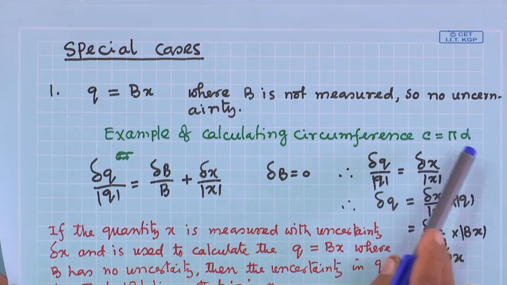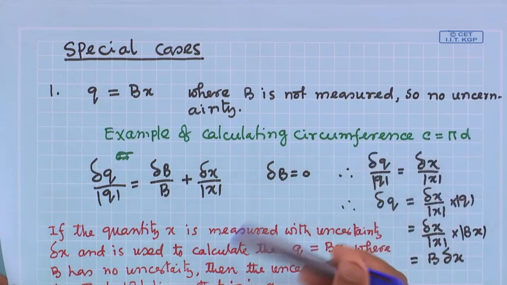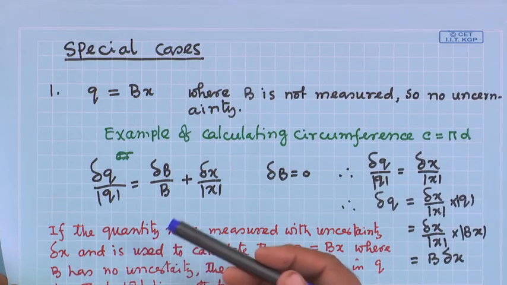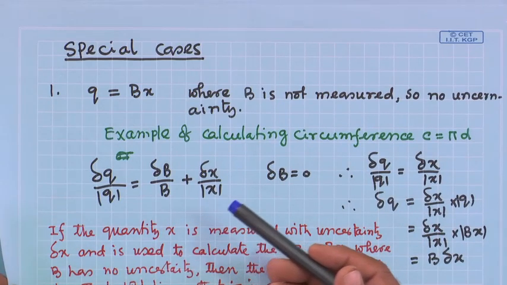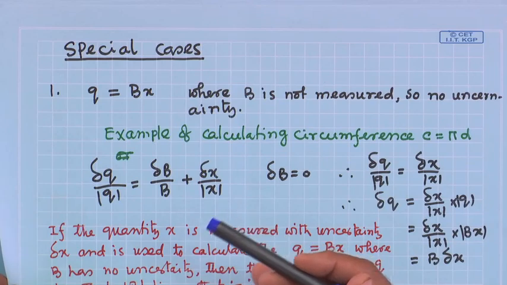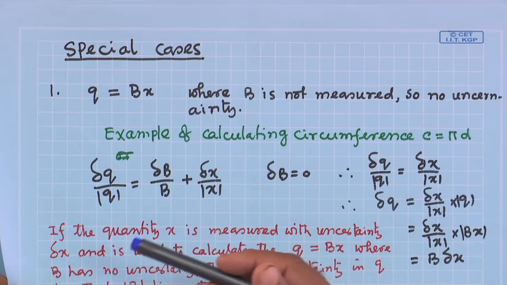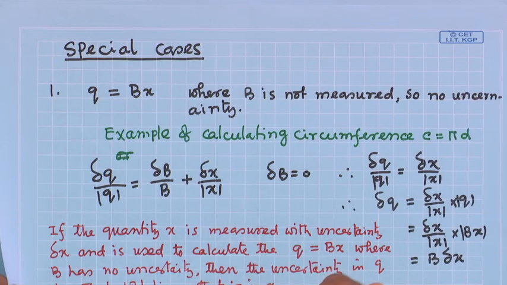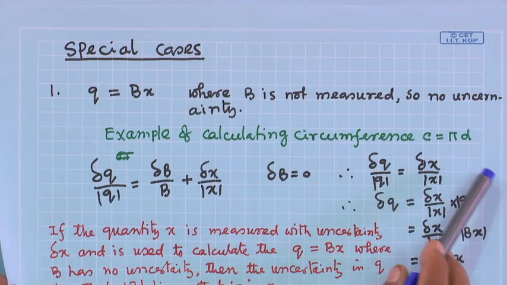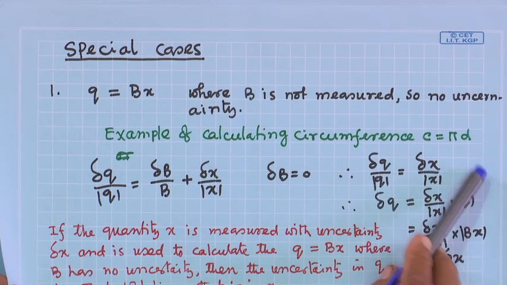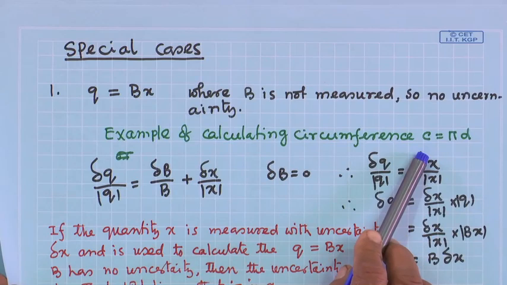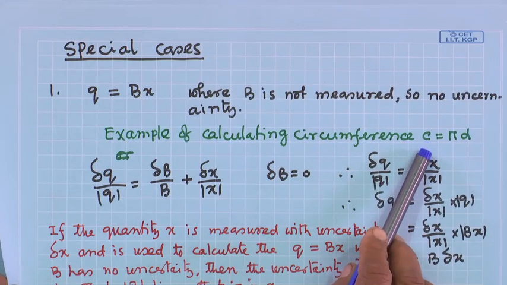So, what you have to do if you want to find the circumference of a circle is measure. What will you measure? You are not measuring the circumference directly, you are measuring d, the diameter of the circle. Now, from this relation you will find out the circumference. So, what is the error on this circumference?